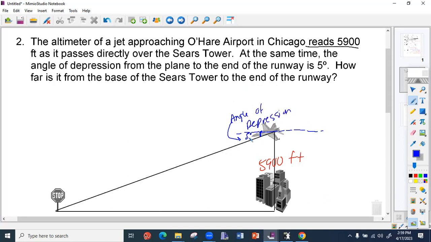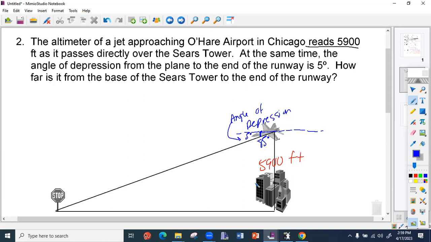Okay. So if this is our angle of depression, what is the value of the inside angle? Other way around, but yes. 90 minus 5 is going to put us at 85 degrees.